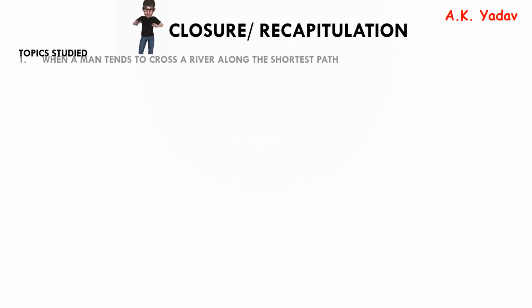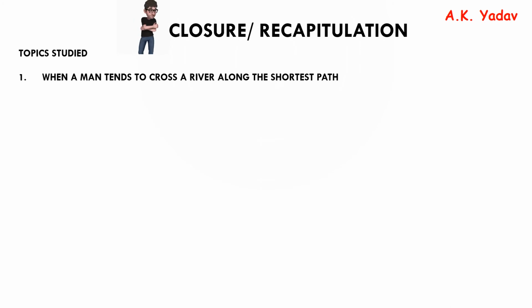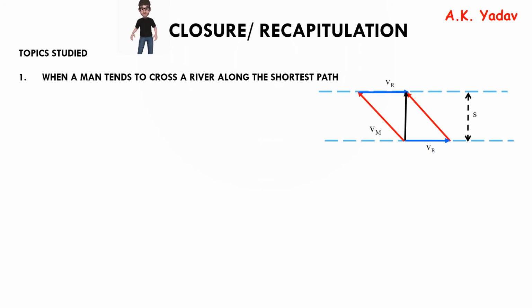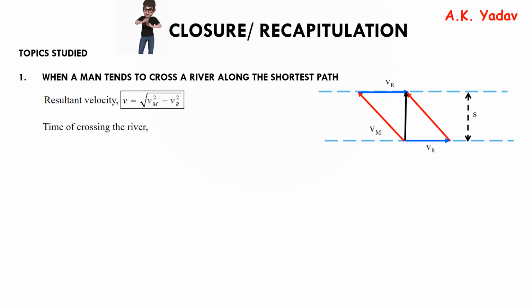Now is the time to recapitulate. So what we have studied. When a man tends to cross a river along the shortest path, then the resultant velocity is v equals under root of vm square minus vr square. The time for crossing the river is t equals s upon under root of vm square minus vr square.